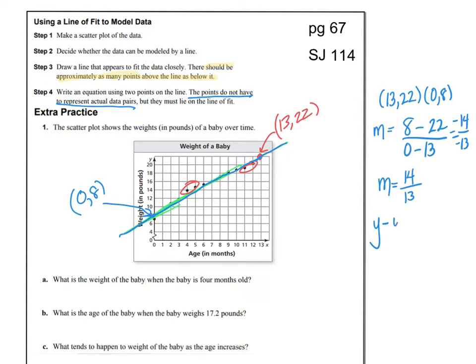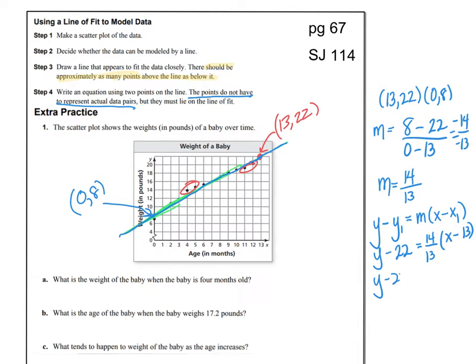So I would use point slope form. Y minus y1 equals m times x minus x1. Y minus 22 equals the slope times x minus 13. Yeah, I do believe I'll get 8, but I just wanted to show you what you would do.